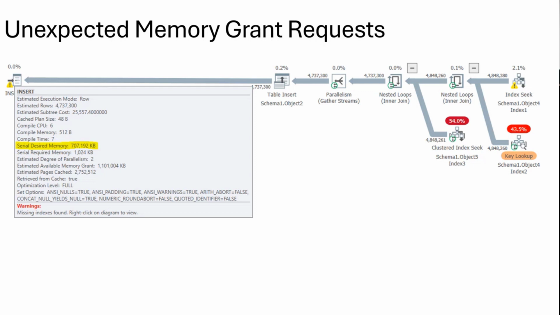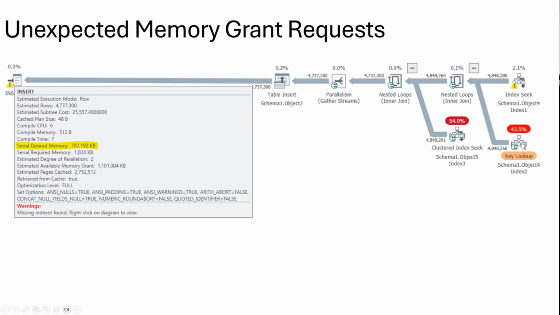Upon investigating, the query primarily consisted of index seeks or scans, as you can see, and nested loops joins. Surprisingly, this execution plan lacked any operators typically associated with memory allocation, such as a sort operator or hash match. But yet the memory grant for this query was unexpectedly high, 700 megabytes.